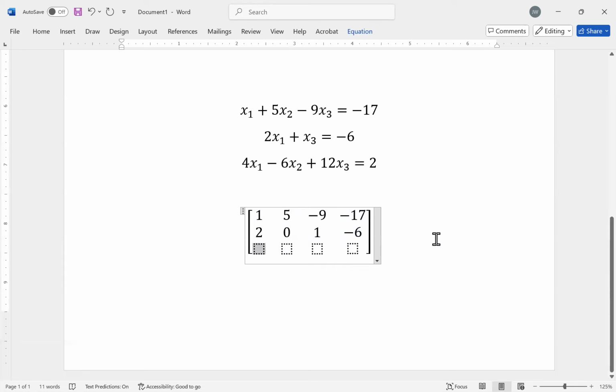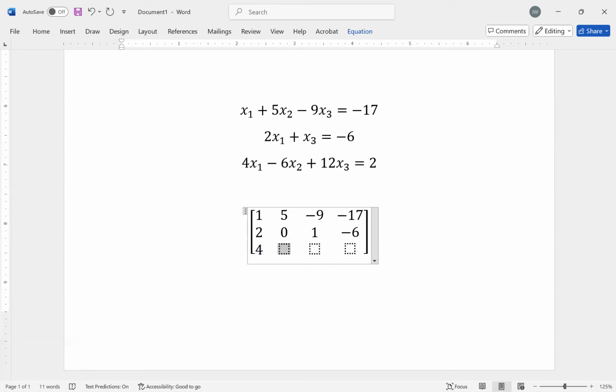And in the last row, we're going to have 4 as the coefficient of x1, negative 6 representing the coefficient of x2, 12 as the coefficient of x3, and then positive 2 as my constant on the right-hand side.